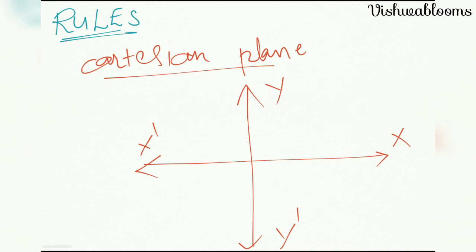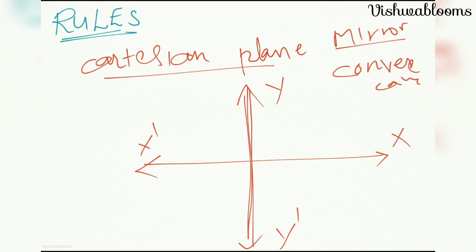Fine. Now, why are we talking about the Cartesian plane? Let's see that. See, first the image, the mirror, whatever is there, either a concave mirror or a convex mirror, whatever it is, everything must be placed in the x and y axes. So how is it going to be placed?